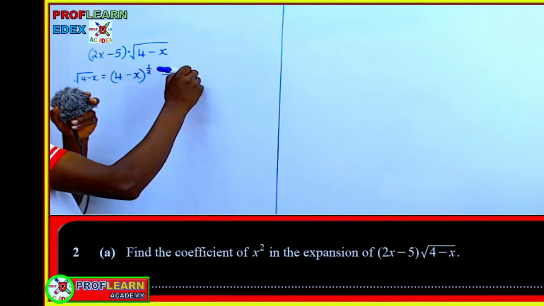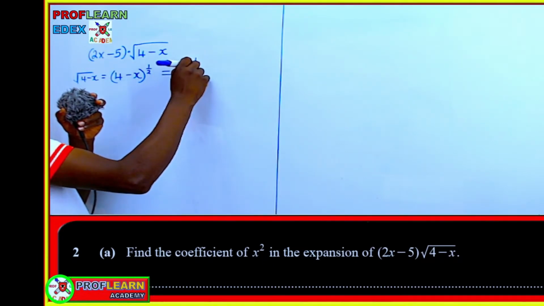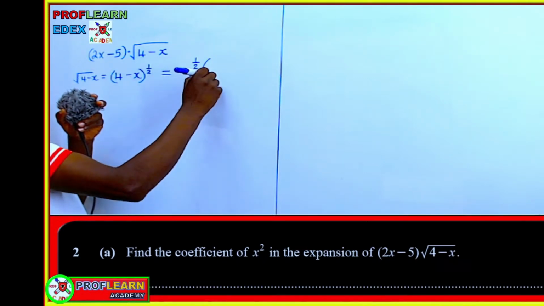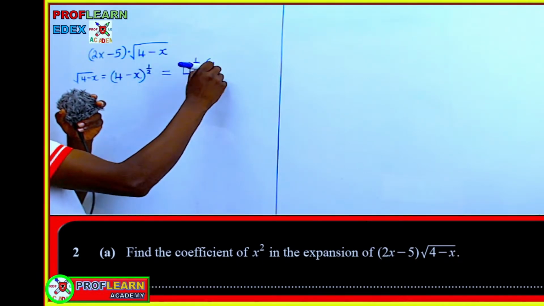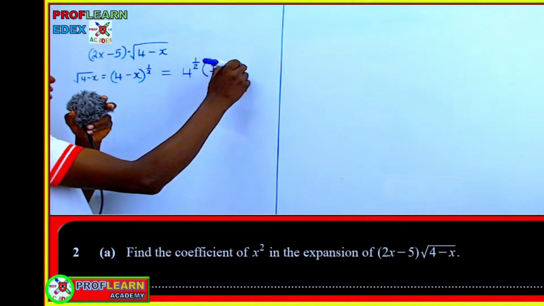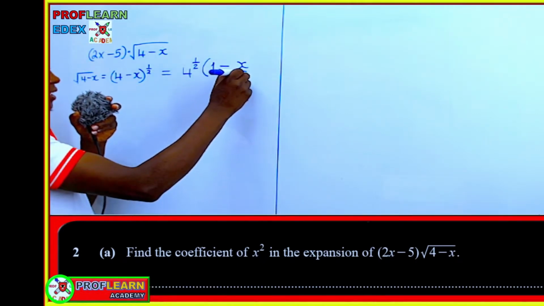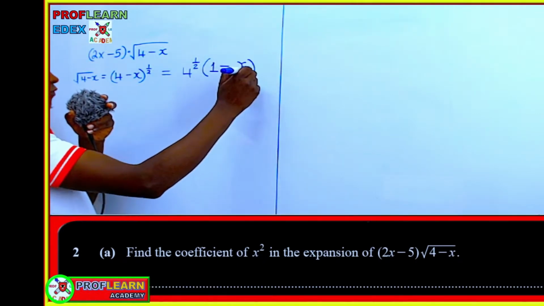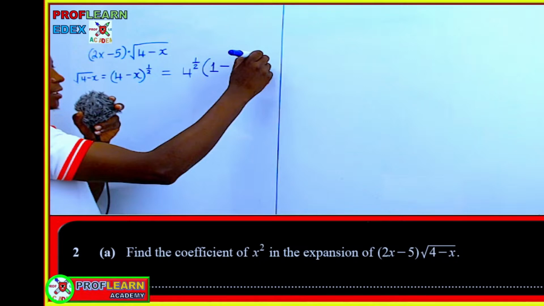I'll factor 4 raised to a half out, and I remain with 1 minus x over 4, then raised to a half.